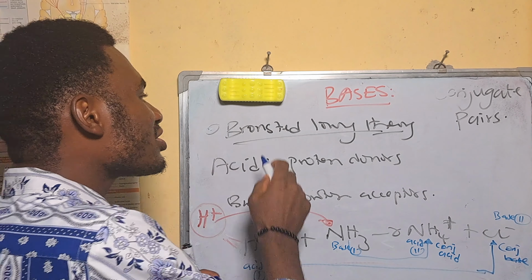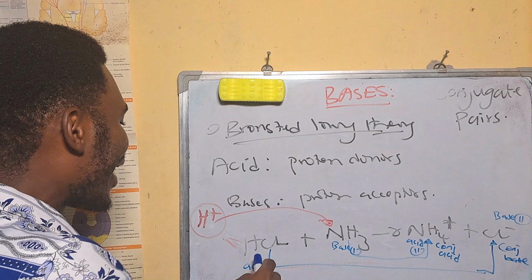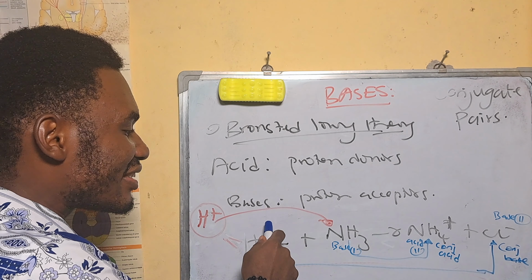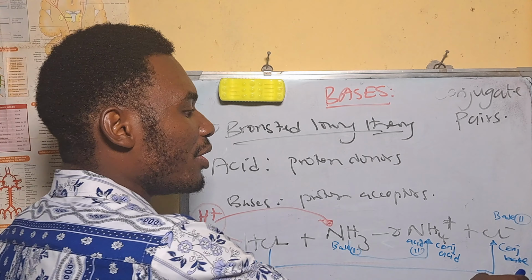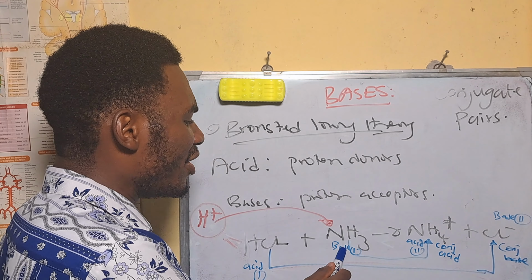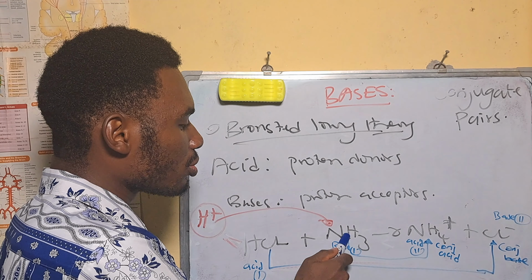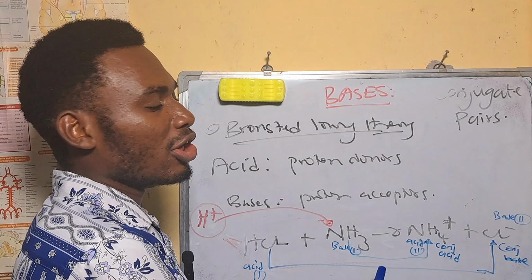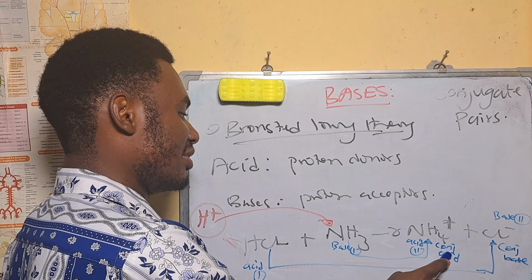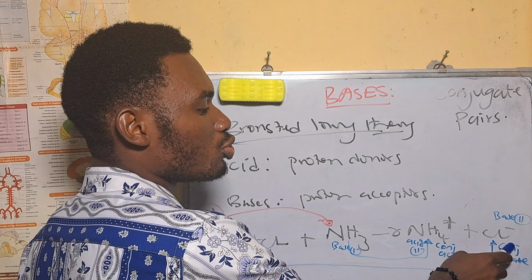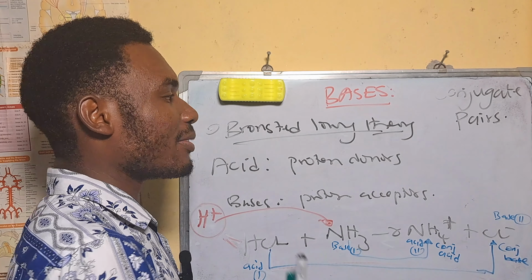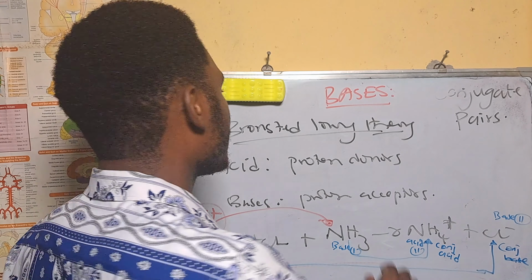So in the Bronsted-Lowry theory, an acid, once it donates a proton, will form a base, while a base, once it accepts a proton, will form an acid. So bases form conjugate acids, while acids form conjugate bases. So this is the Bronsted-Lowry theory.